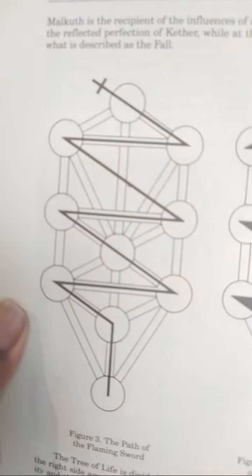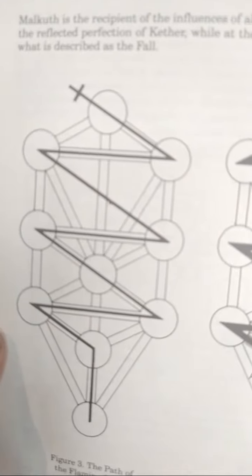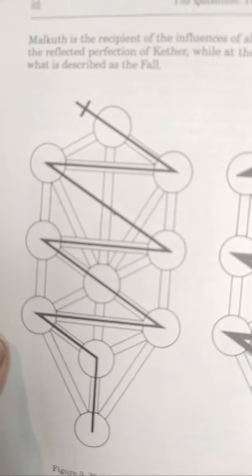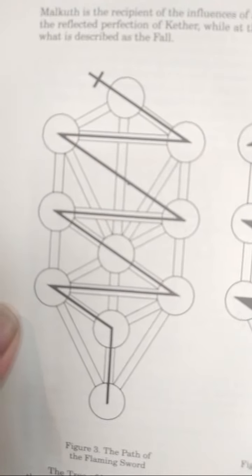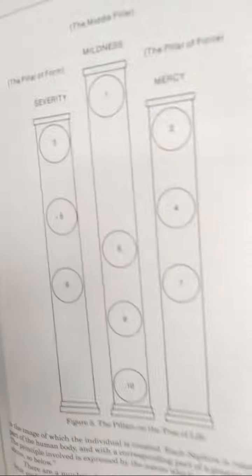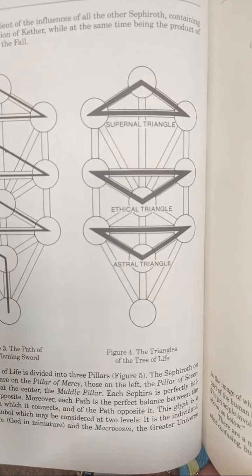There's the process of that lightning bolt coming down the ten spheres in order. Remember what he said? The preceding one is positive, and the one that's coming after it is negative. It only makes sense. And he also talked about the three pillars. He also mentioned the three triangles.